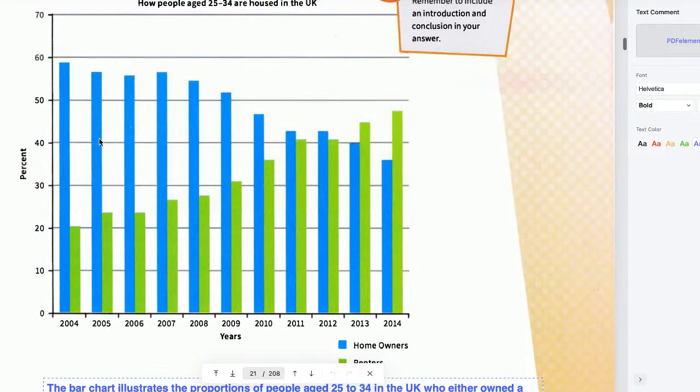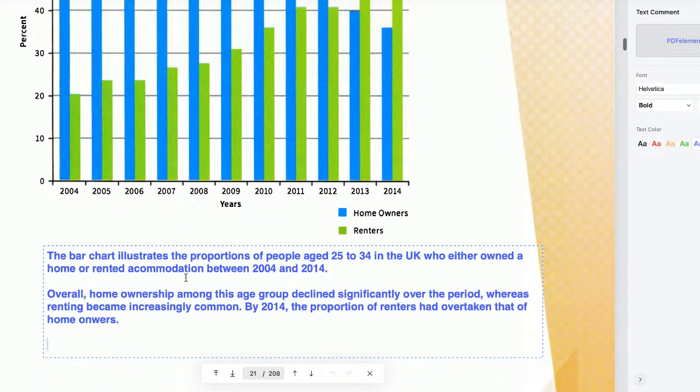So first of all, you try to describe the first part or the first year. Normally, that's what you should do. Don't just jump in and describe everything. No, you describe the first year first. And the first year here is 2004, right?